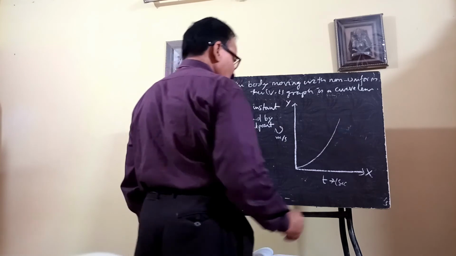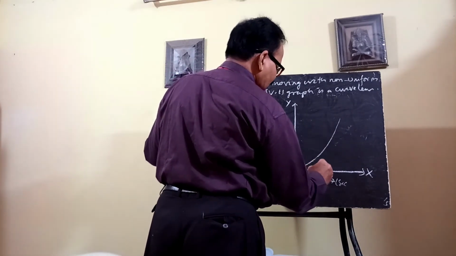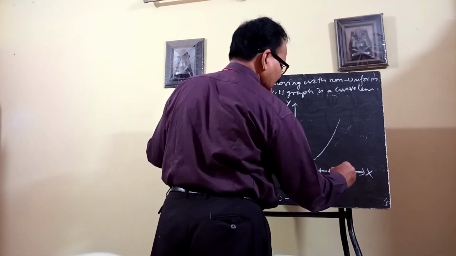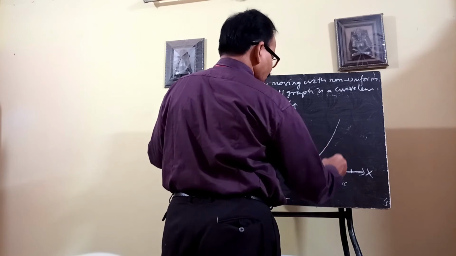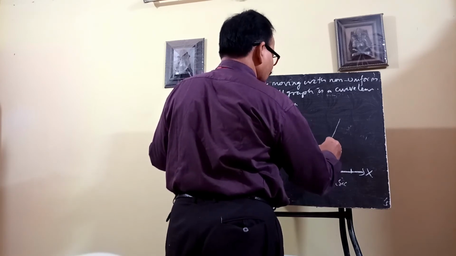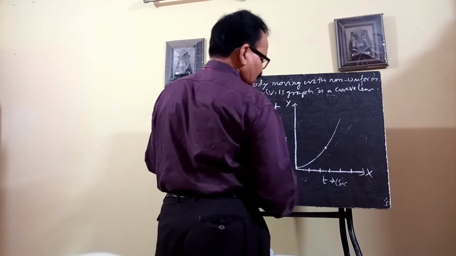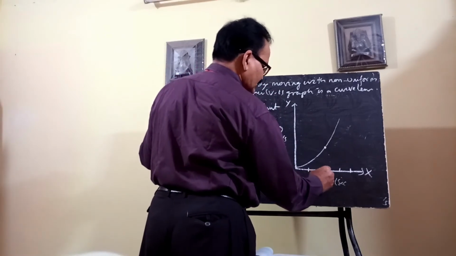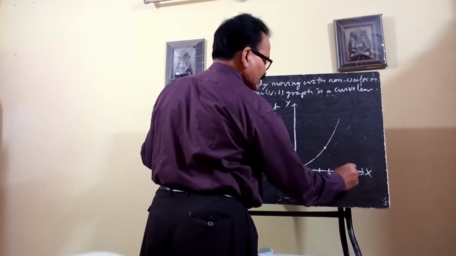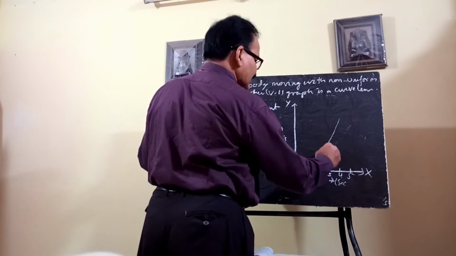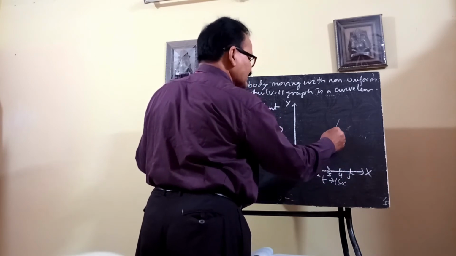Suppose this is 1 second, 2 second, 3 second, 4 second, 5 second. If you want to find it at 3 seconds, you have to draw a tangent.